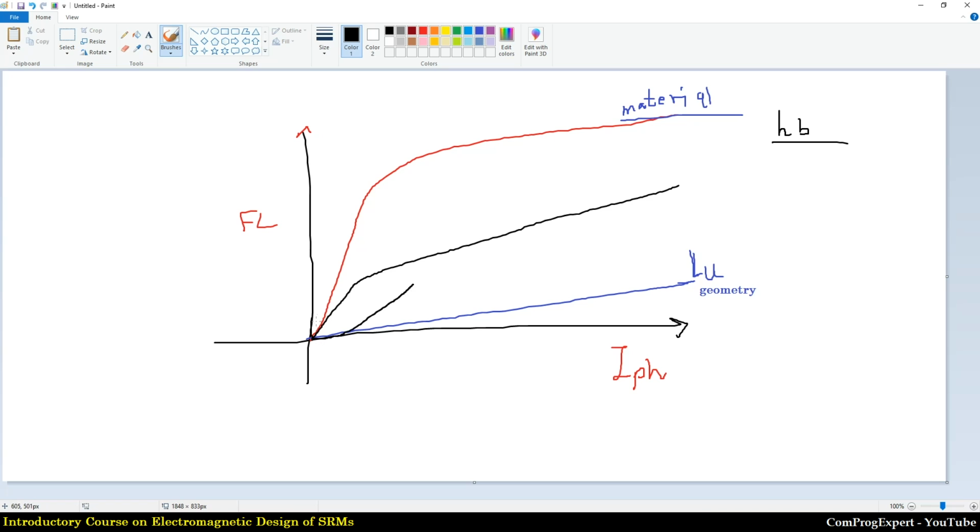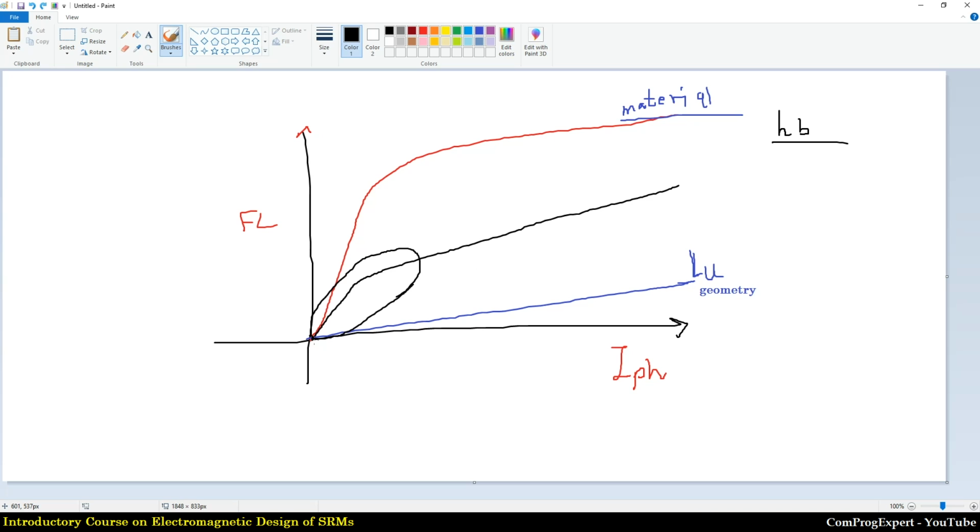We can have some kind of saturation here. This is not a good design. So the form of this curve is determined by the geometry, determined by optimization of the rotor core and stator core.